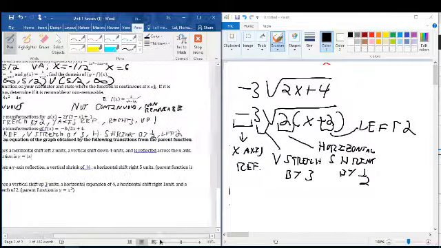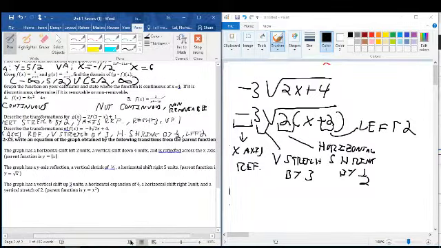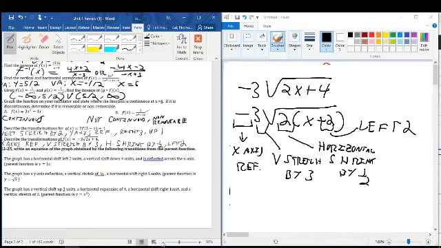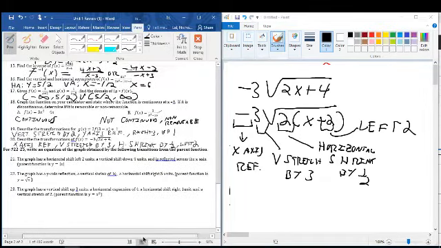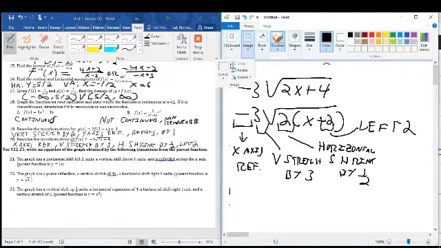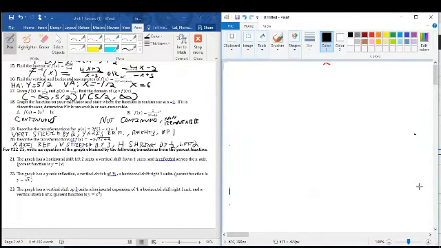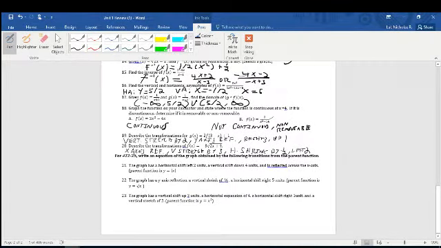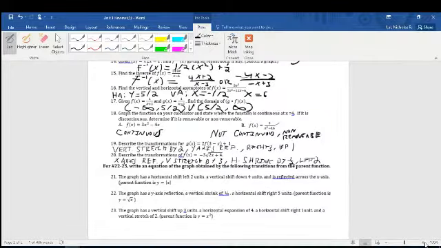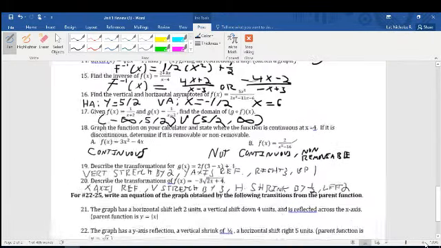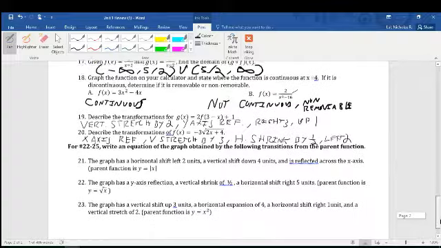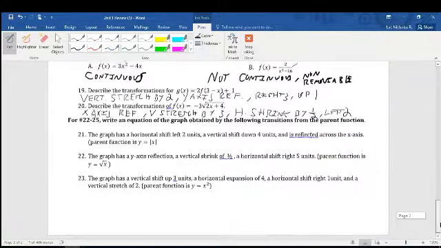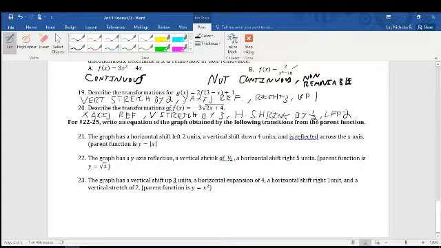Write the equation of the graph obtained by the following transformations of the parent function. Okay. So in this one, I might not even need to use Microsoft Paint because I just read the function and write down the transformation. So you have a horizontal shift of 2, vertical shift down 4, reflected across the x-axis.